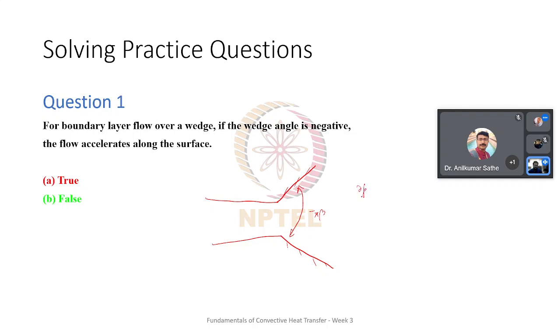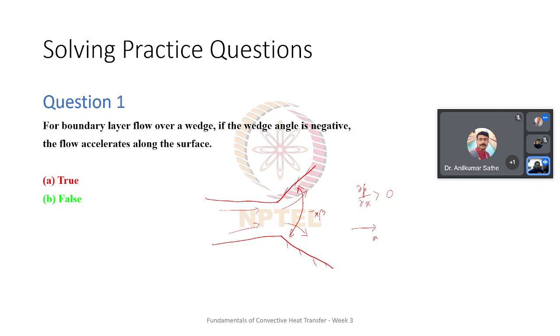If we take x along this direction, dp/dx would actually be greater than 0. So a flow coming from this side would experience a deceleration, and that is why the statement given here is false. It won't experience an acceleration, rather it would experience a deceleration.